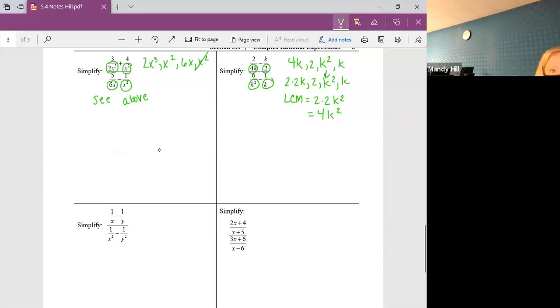All I'm doing now is just rewriting down the problem that we had. So we've got 2 over 4K minus K over 2, over 6 over K squared minus 1 over K. We want to multiply that by our least common multiple over our least common multiple. And we said every single thing gets multiplied by this.